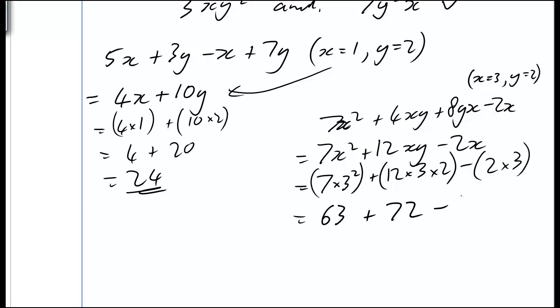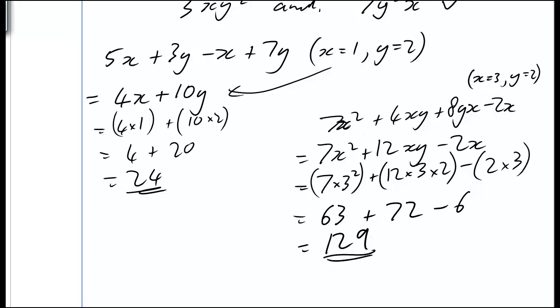Take 2 3s are 6. 63 plus 72 would be 135. Take that, I think it's 129. Yep, 129.